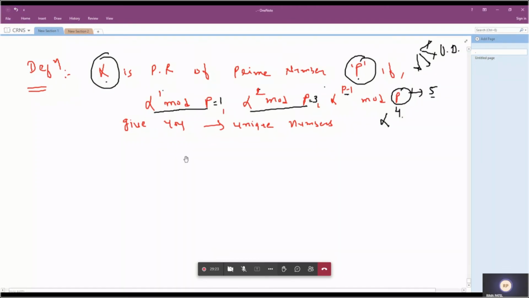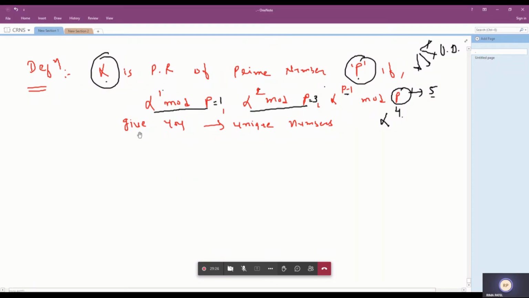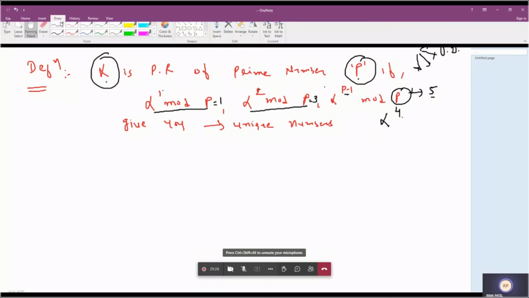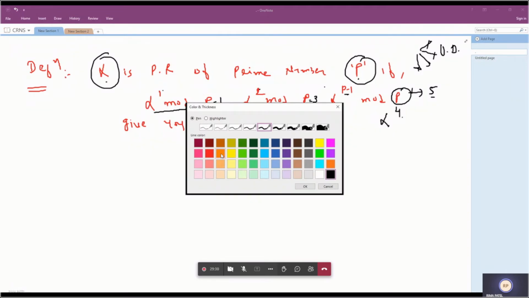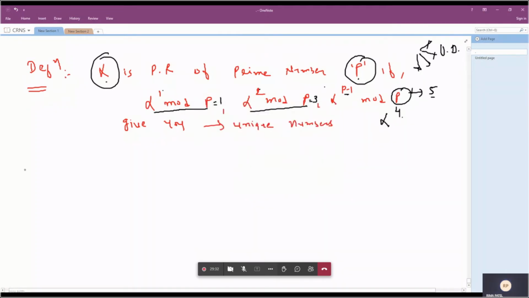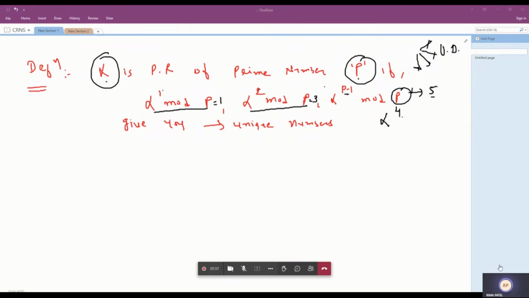So I hope the definition is clear to everyone. We will quickly go through the example if the definition is clear. Tell me, clear? Yes, ma'am, clear. Okay, Bhautik, Meet. Yes, ma'am. Okay, Rudra. Yes, ma'am. Okay.